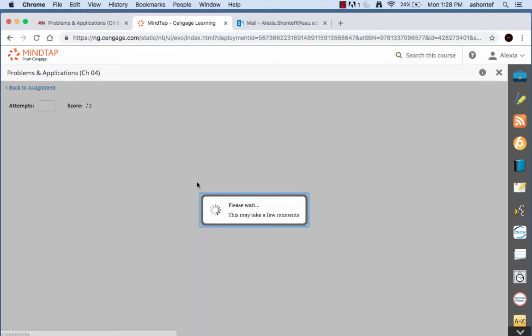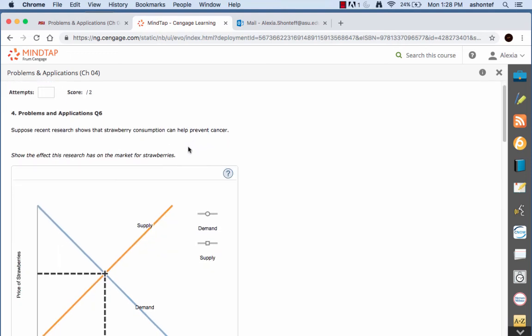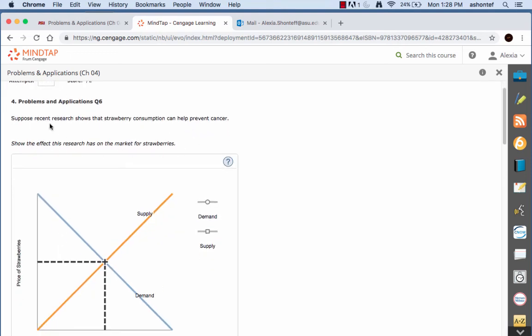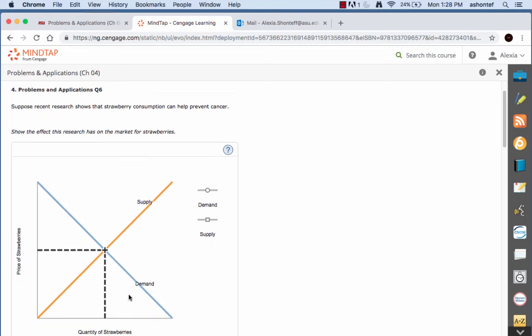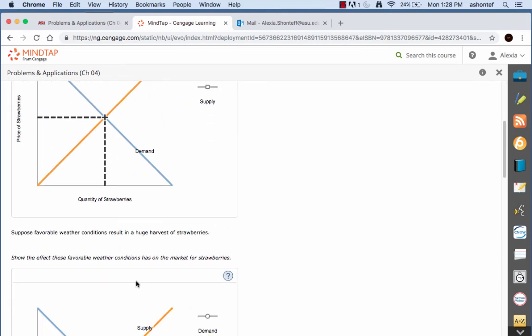So let's see what that one is. So I believe it's just a continuation of shifting supply and demand. So it says, suppose recent research shows that strawberry consumption can help prevent cancer. What do you think is going to happen to either supply or demand? So again, it's just really determining whether you think this is a supply or demand determinant.